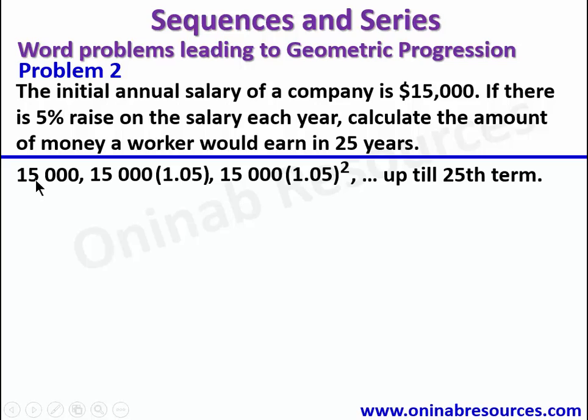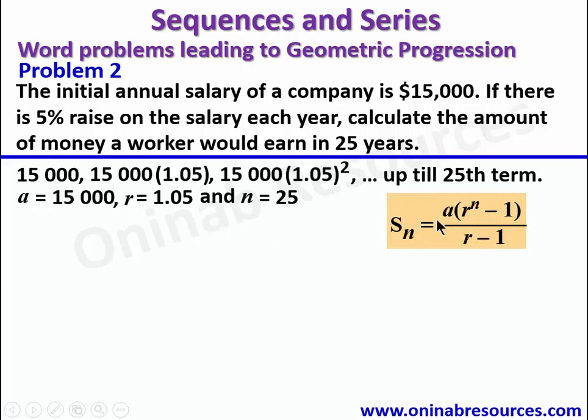So we know that our first term here is 15,000 and our common ratio is 1.05 and our n is 25. Now we are to calculate the total amount of money a worker will earn in 25 years. So we are looking for S25.